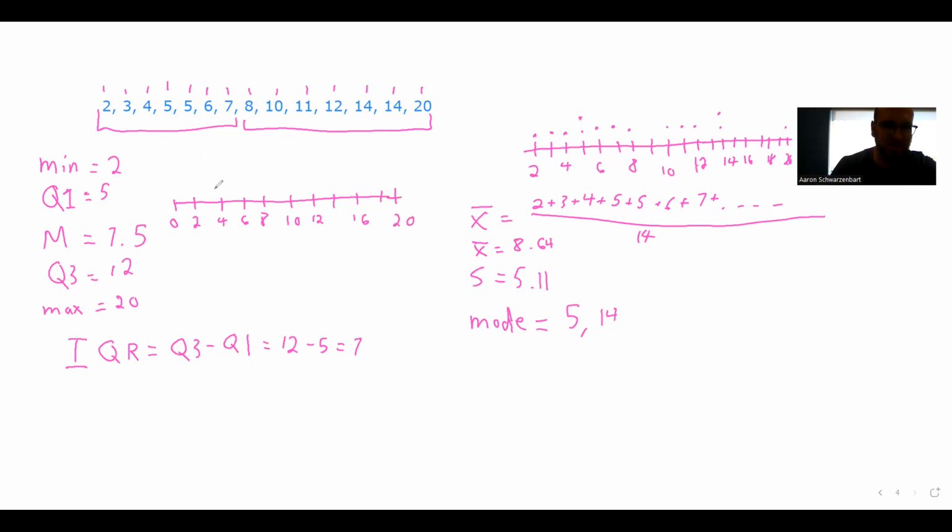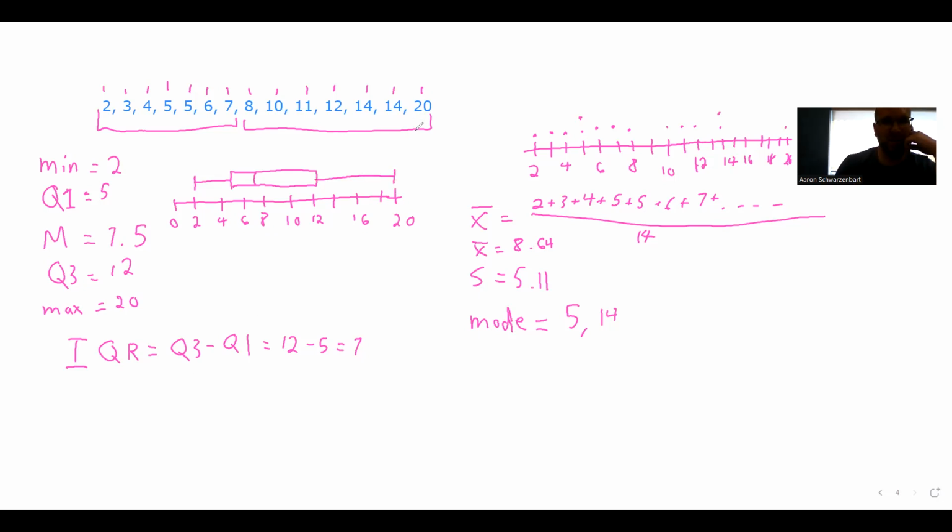My box goes from quartile 1, 5, to quartile 3, with a line at my median, 7.5. My whiskers, make sure these don't look like a box, but they look like lines with a line on the end, go out to the min and max.